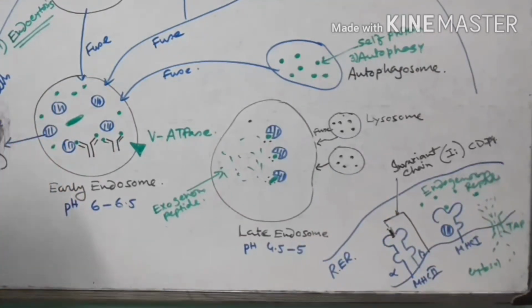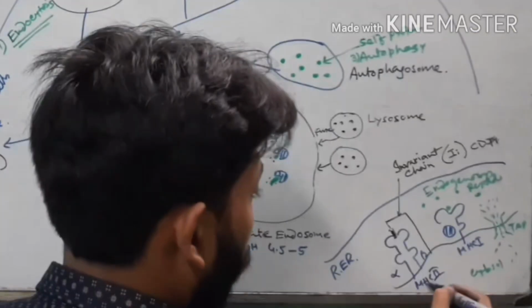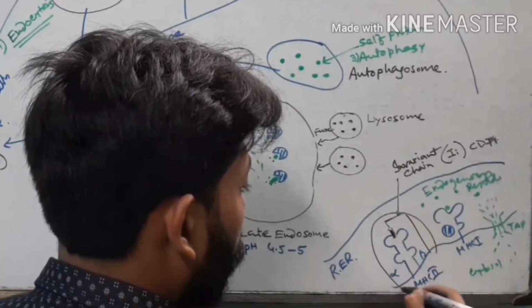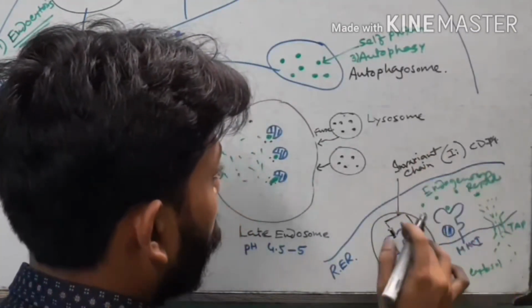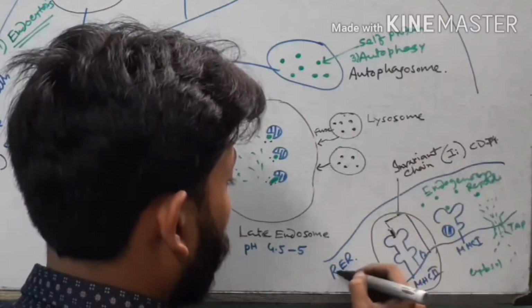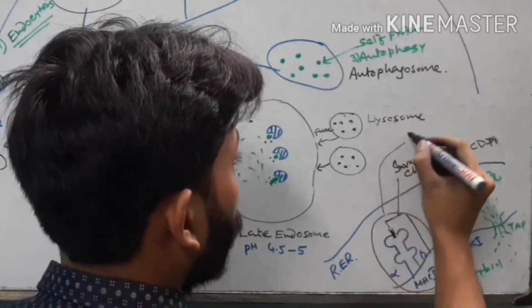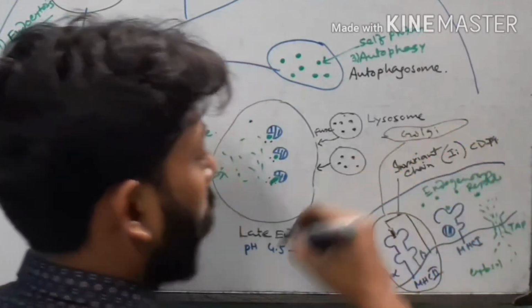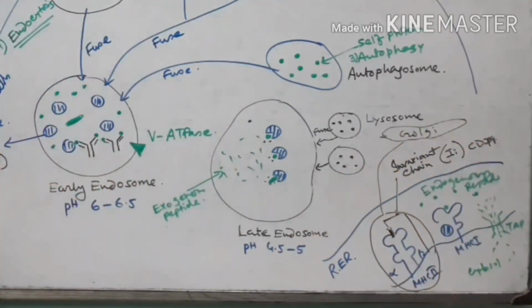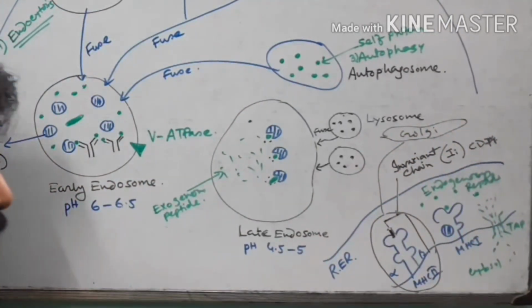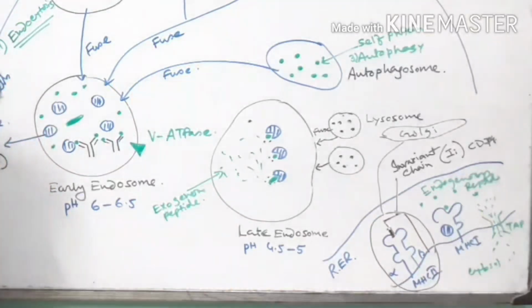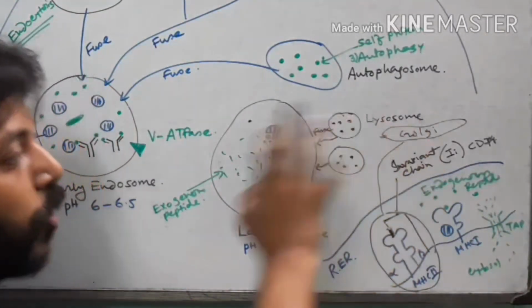Now this MHC2 complex with invariant chain comes out from the RER, rough endoplasmic reticulum, to the Golgi. Why? Because all membrane bound proteins are produced in the rough endoplasmic reticulum, and they enter the Golgi.